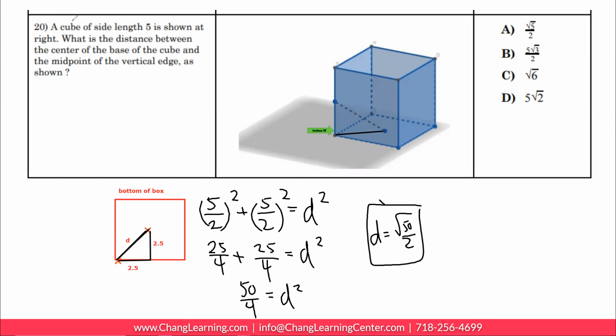Now, since that's this bottom side of the triangle, we know that this height here is also 5 halves because we're going upwards. And now we'll find the distance of this, like I said, sailboat sail. That's the distance we wanted from the center of the bottom to the midpoint of the rising side.